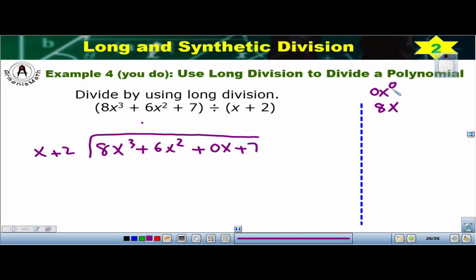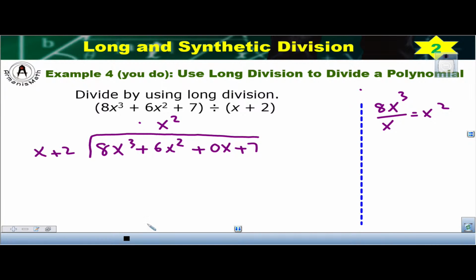So I do have x to the 0 right next to the 7 here. Anyways, 8x cubed divided by x will give you x squared. Okay, somebody help me out. Oh, I meant the first. Yes, so I have x squared.